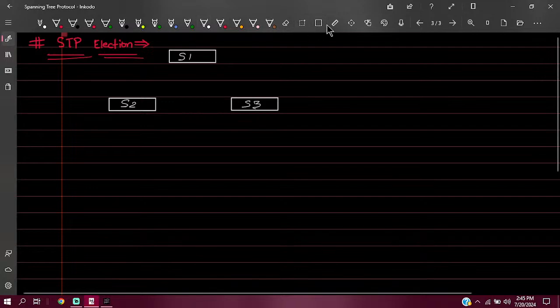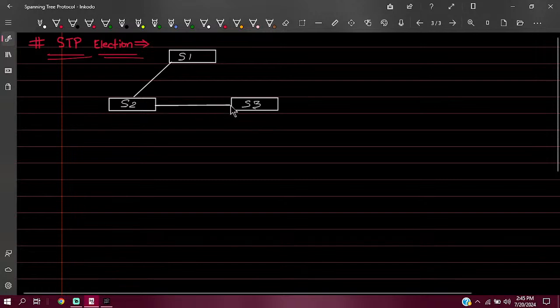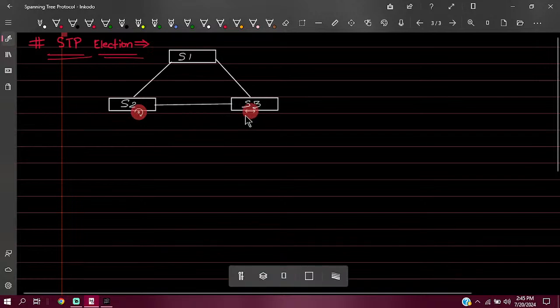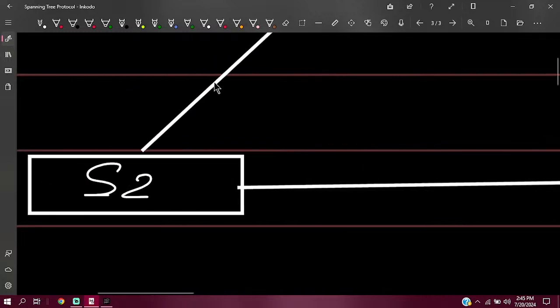Let's create a looped environment between them. For your reference, I'm going to name these particular ports.